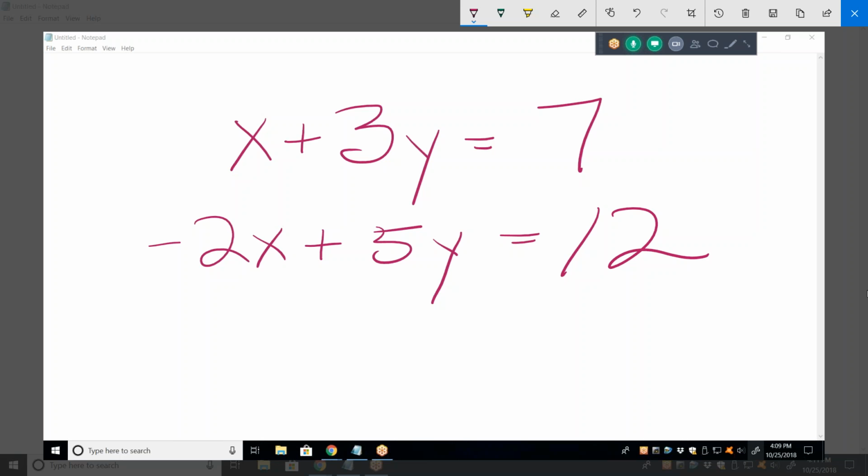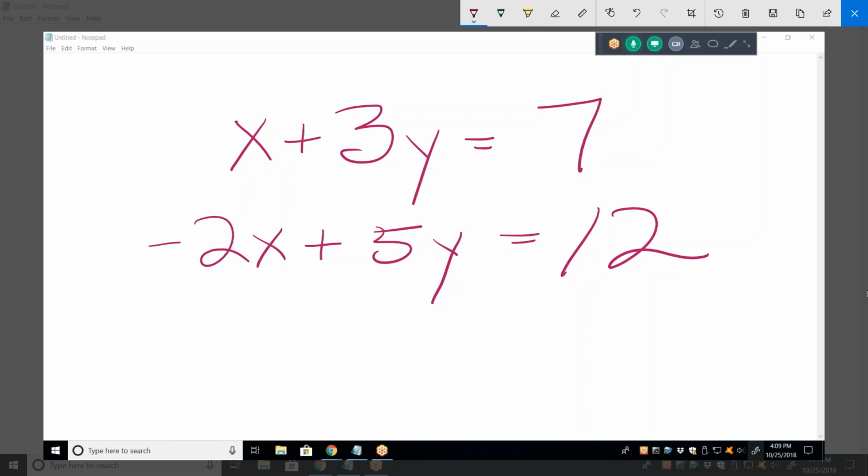Can I eliminate a variable by adding or subtracting these two equations? No. There's another thing you're allowed to do. You're allowed to take each equation and do anything you want to the left side as long as you do it to the right side.